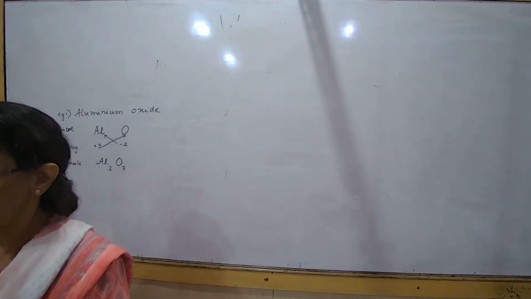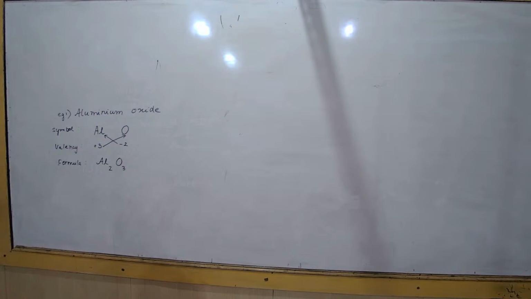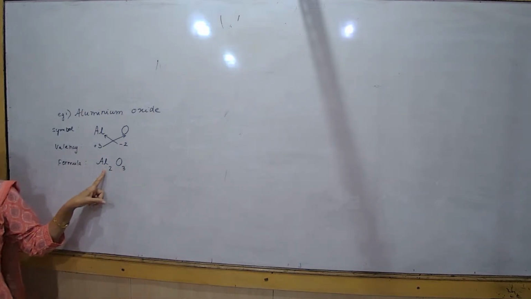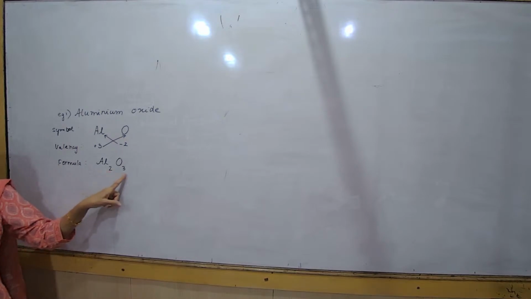This shows that there are two atoms of aluminium, and how many of oxygen?